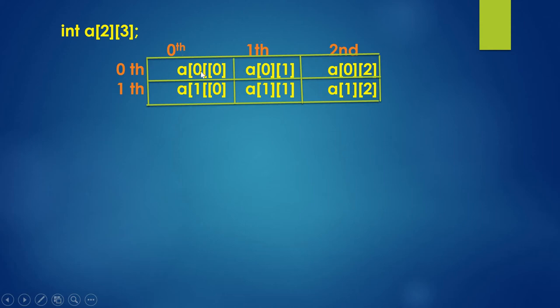Then for the column number 1, the row will be 1: A10, A11, A12. This is the representation of a matrix: A00, A01, A02, A10, A11, A12.